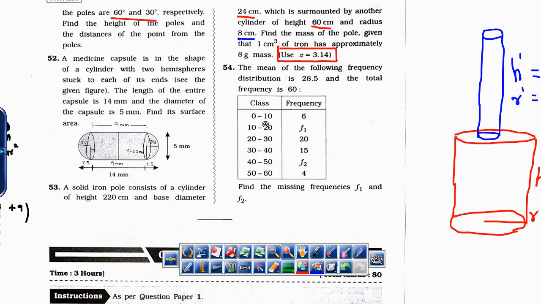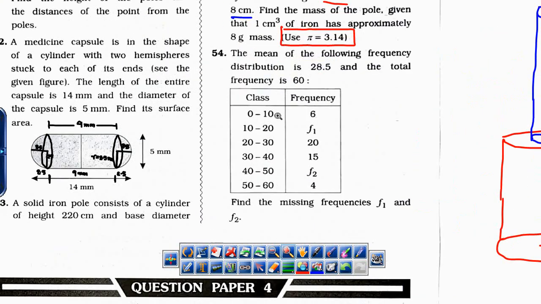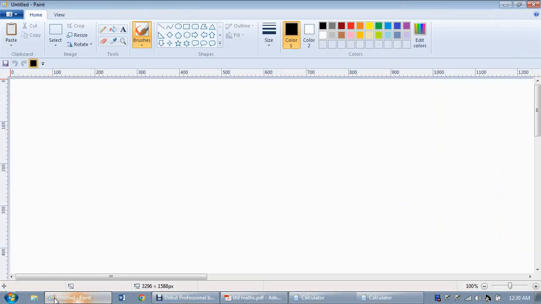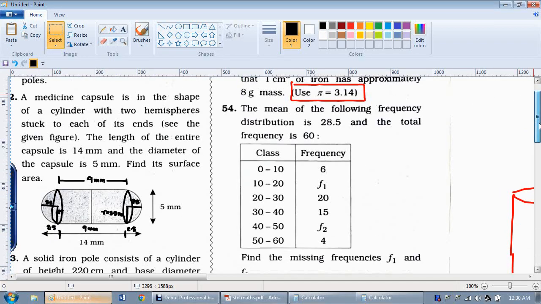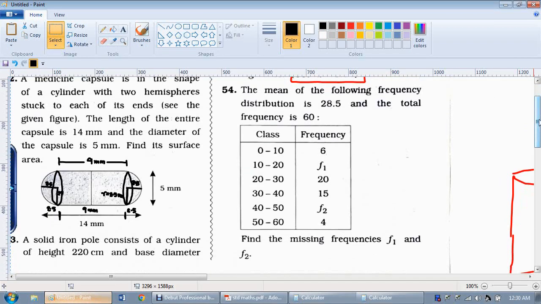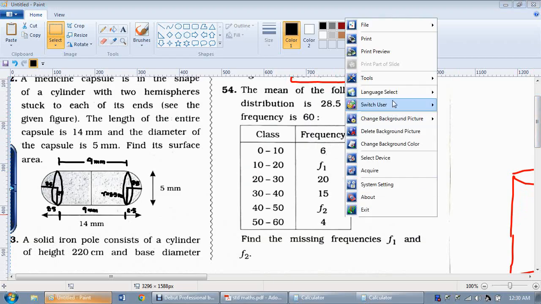Question number 54. The mean of the following frequency distribution is 28.5 and the total frequency is 60. Find missing. Missing frequency है, इसलिए I will do this sum entirely. Otherwise I would have told you to do it yourself. Mean is 28.5.